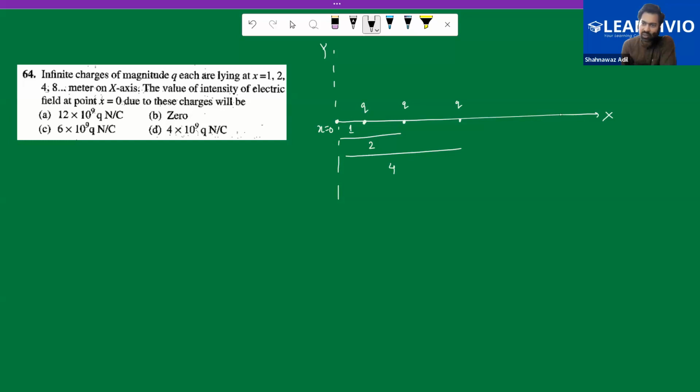And then another one is at 8 meters, and so on. So these are the charges which are put at all these points.